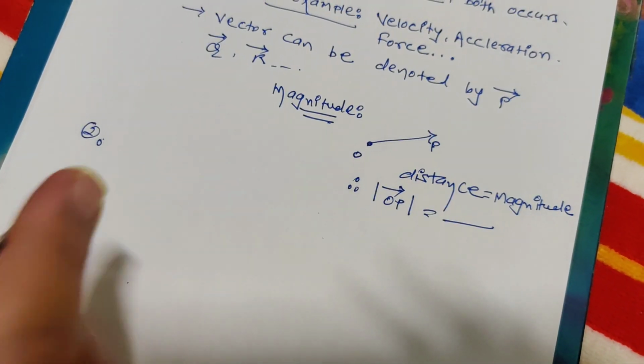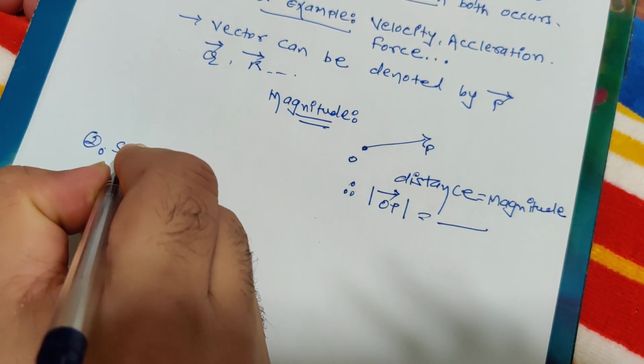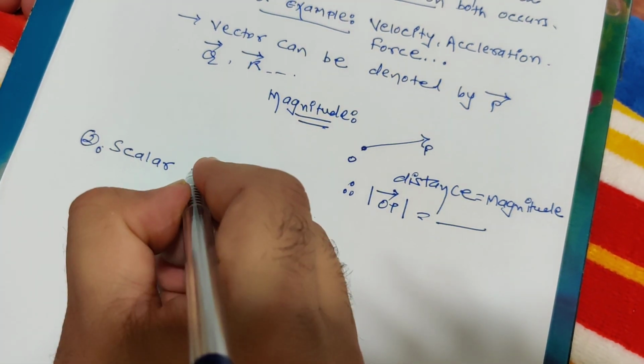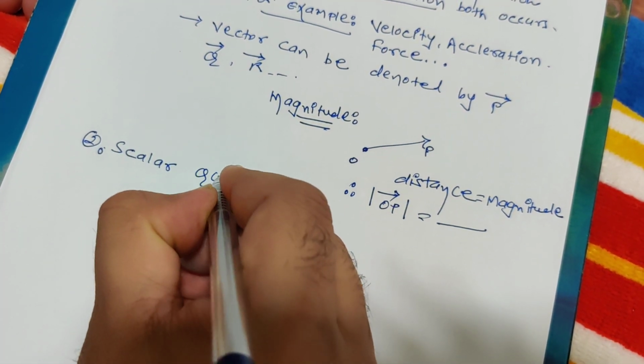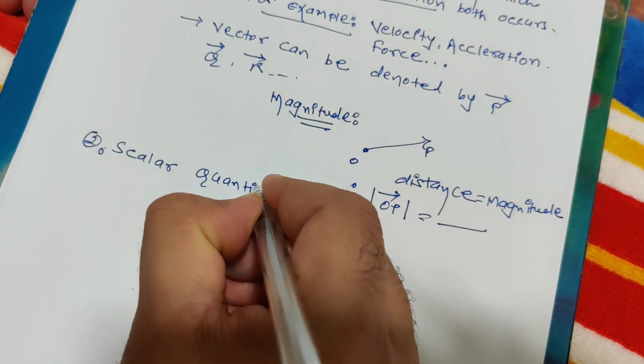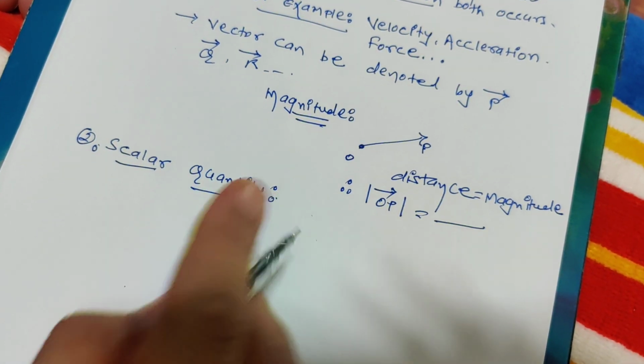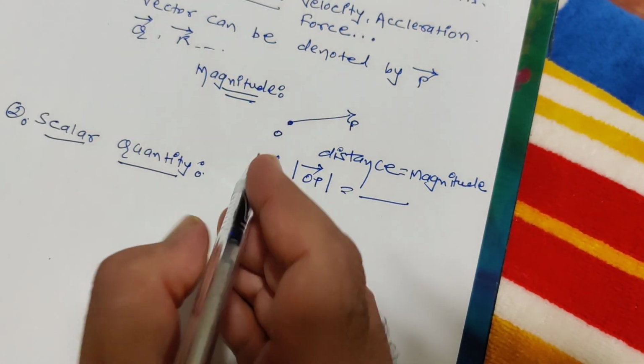Now we'll move to the next point. And number 2, that is scalar quantity. So what is scalar quantity?